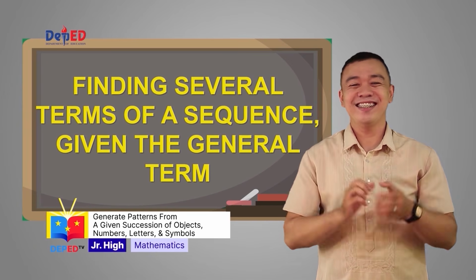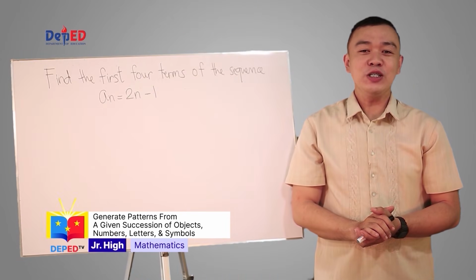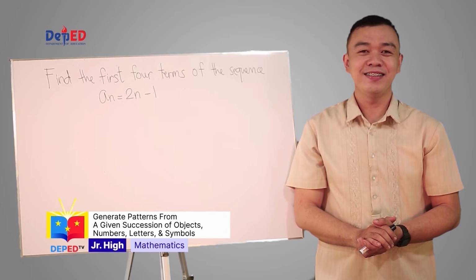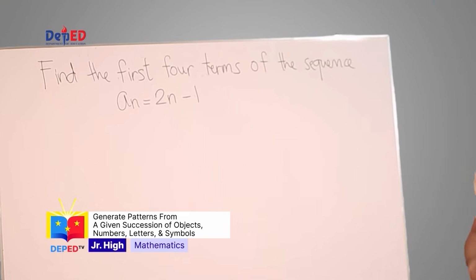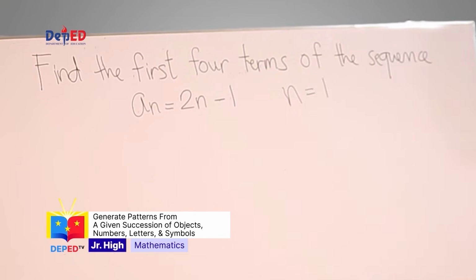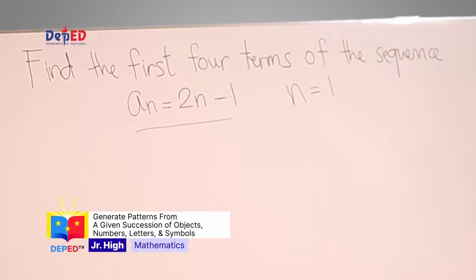Are you ready? Let's start with the first example. Find the first 4 terms of the sequence a sub n is equal to 2n minus 1. To find the first term, we will let n be equal to 1. First step, we're going to use the given general term, which is a sub n is equal to 2n minus 1.